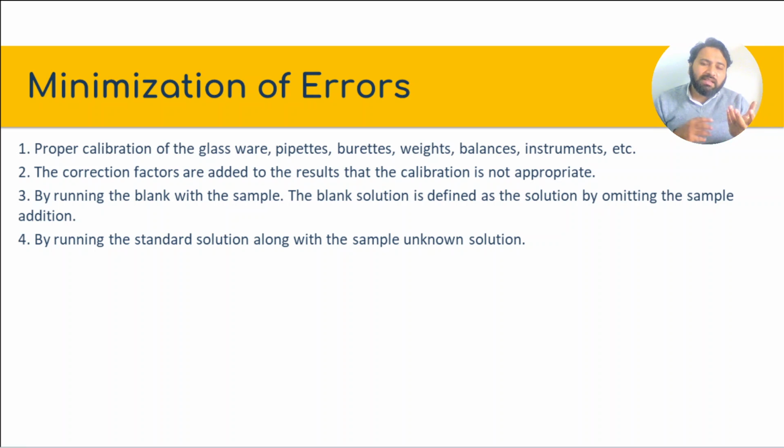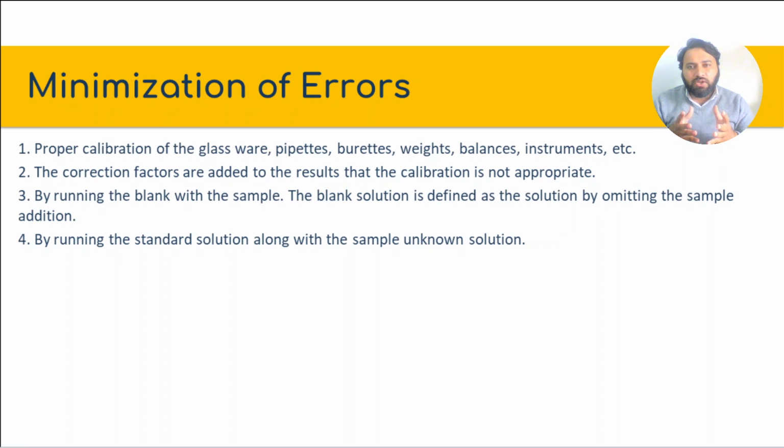It might be possible that it contains some chemical or impurities, and it has its own kind of result. So we use the blank, so that when we add the analyte into it, we can subtract the blank, which may be a source of error. The blank solution is defined as the solution prepared by omitting the sample addition. So the blank and the sample solution are carried out simultaneously to obtain an accurate result.